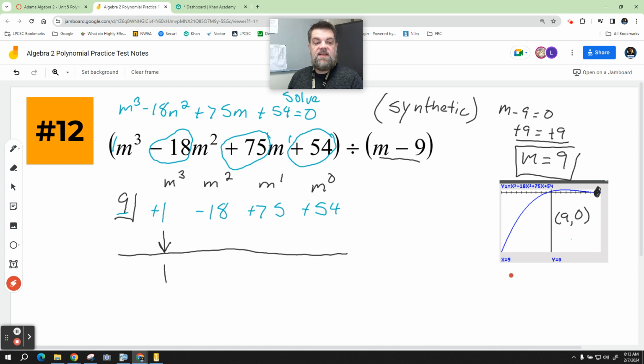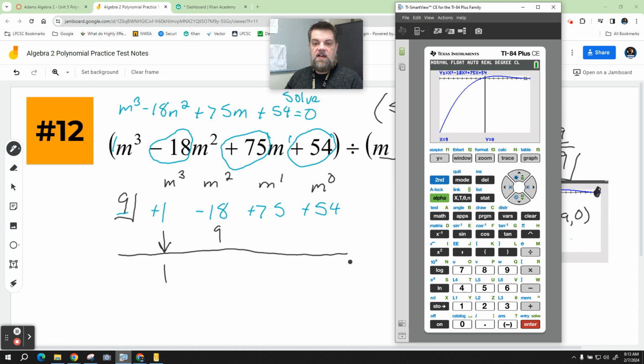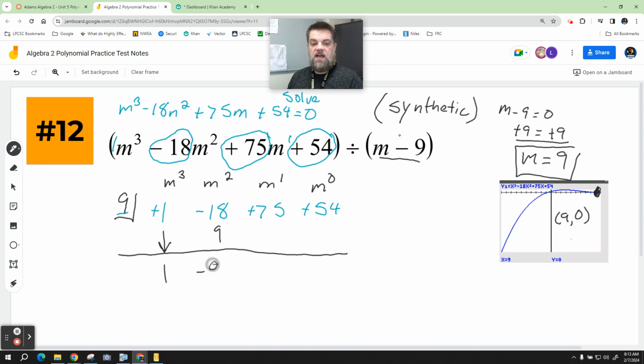Remember, I'm going to multiply the 9 by the 1. So then this becomes 9 times 1 is 9. Add those up. Negative 18 plus 9, if you're not good with this. If you're not good with positive and negative numbers, I'm just going to say negative 18 plus 9. I get negative 9. So I'll put that right there, negative 9.